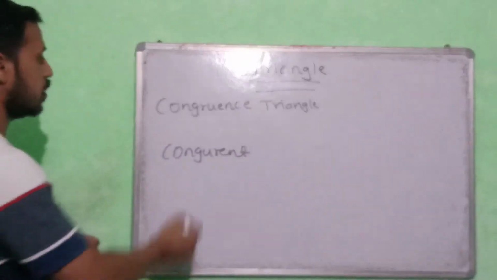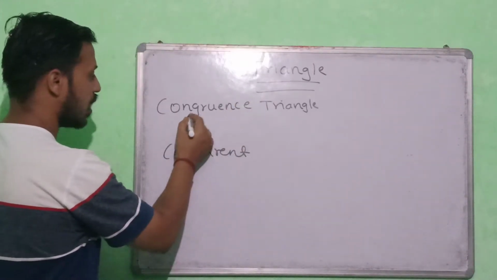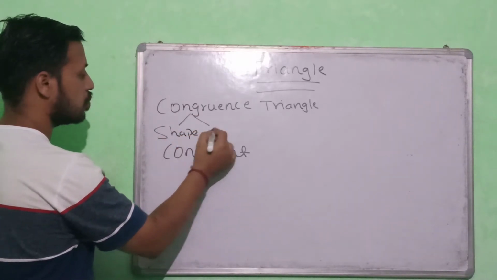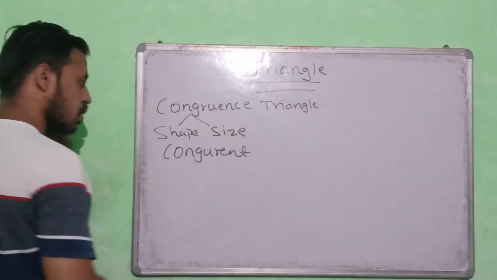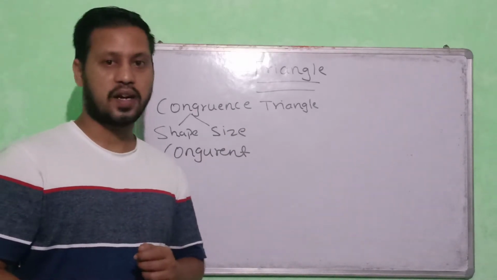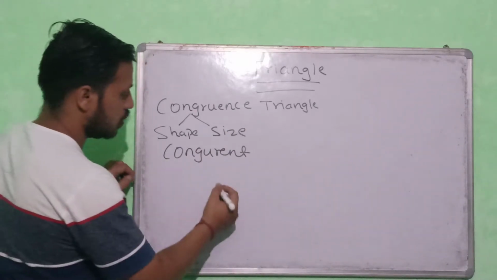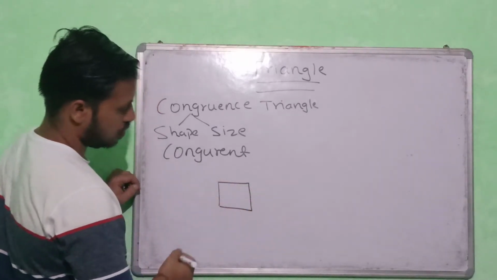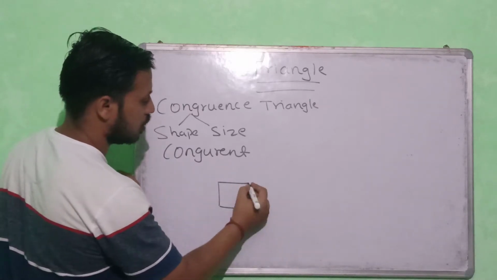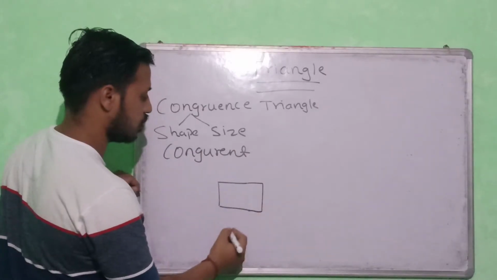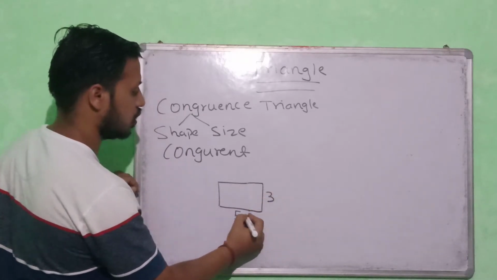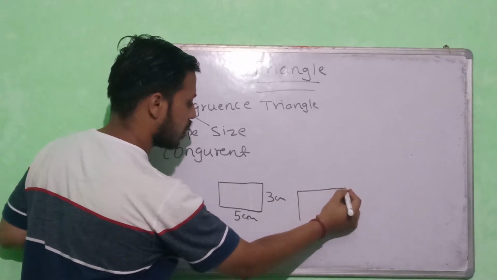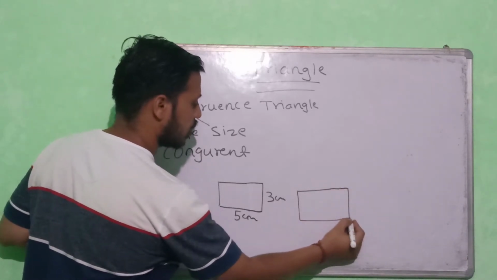In this congruency, it means triangles which have the same shape and same size. Like this is a rectangle, side 3 centimeter, and there is another rectangle.